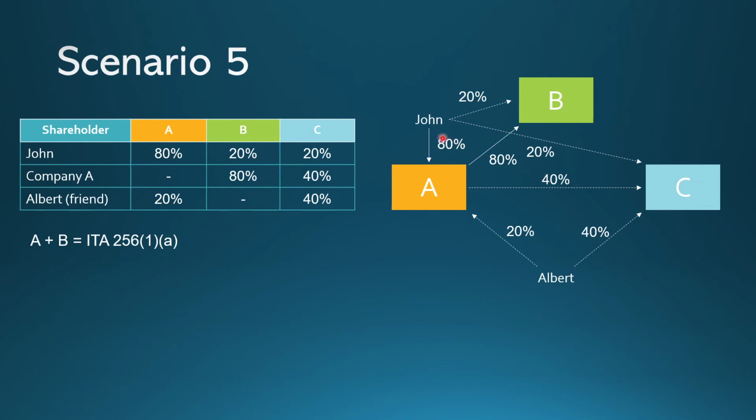John owns 80% of A, and 40% of C's shares are controlled by A. So if we take John's 80% of influence on A, multiply it by A's 40% influence here on C, we get 32%. 80% times 40% is 32. 32% plus John's 20% is 52%. And so now we have A and C being associated by virtue of 256(1)B.